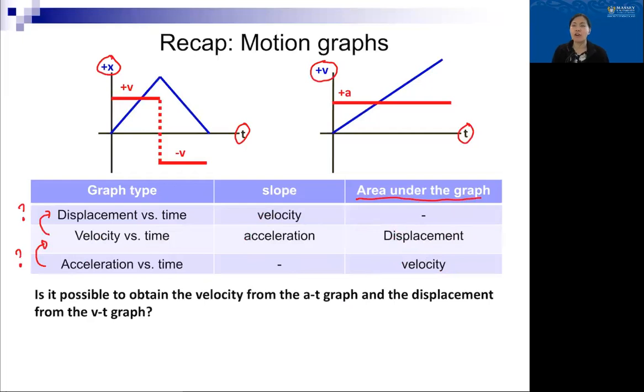But instead of finding the slope, you need to find the area under the graph in order to find these quantities, velocity and displacement. Okay, and so now we will learn what this area under the graph means and how do we actually get this area under the graph.